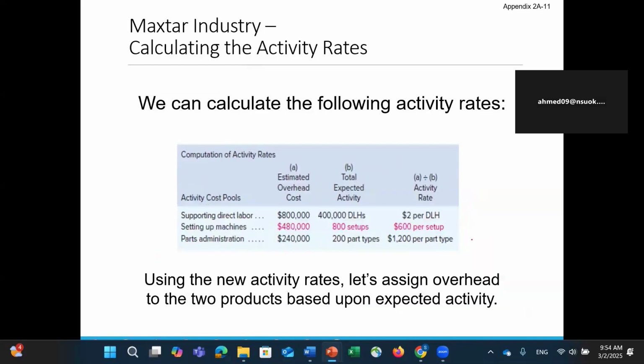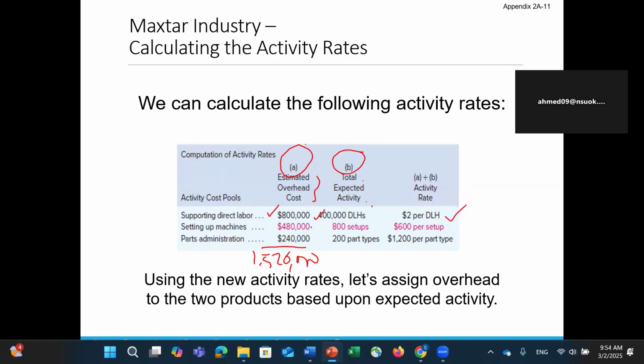So brought together A and B. This is the estimated overhead. So remember this one, when we added, it was 1,520,000. So this one is the total expected activity. So 800 divided by 400,000 gives you 2 per DLH, direct labor hour.